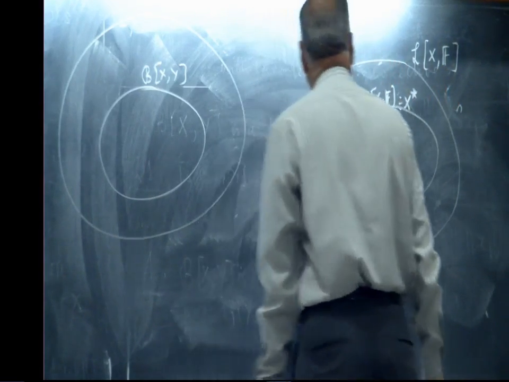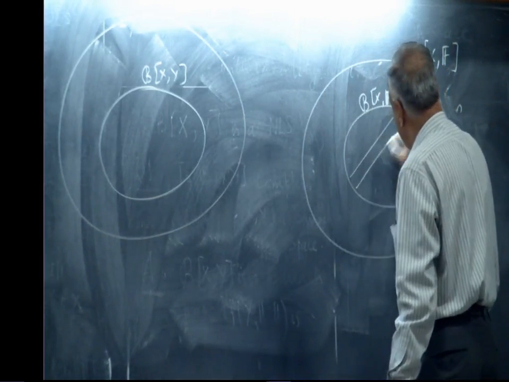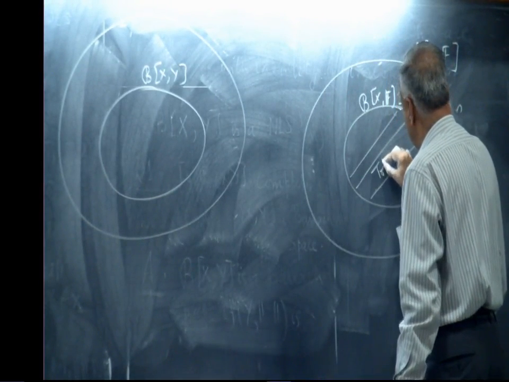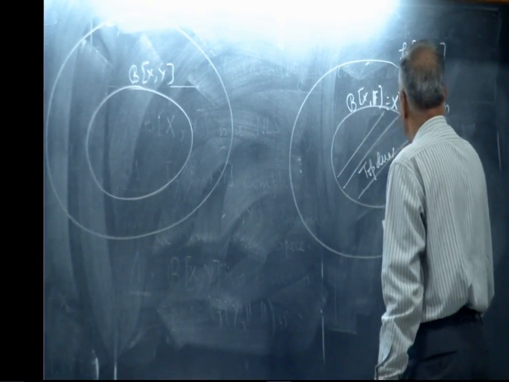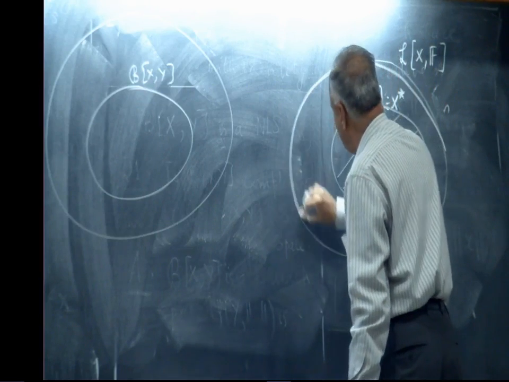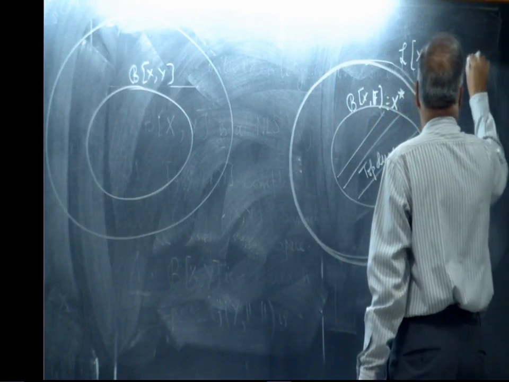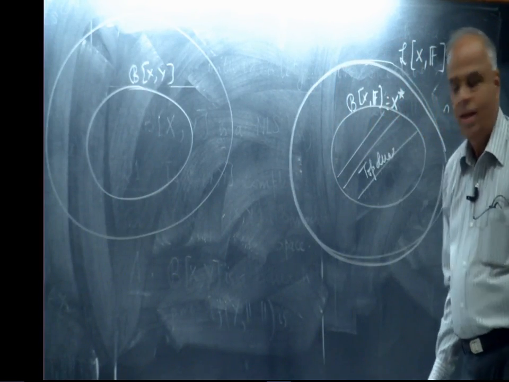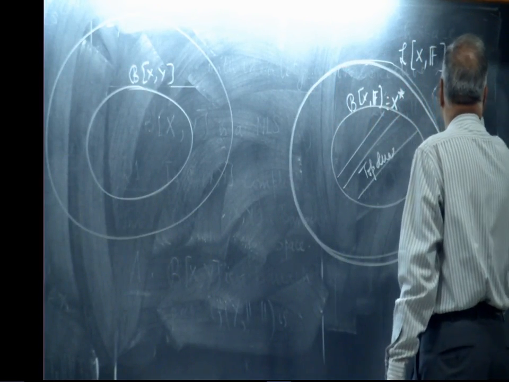This portion is called the topological dual, and whatever is here is denoted by X prime and is called the algebraic dual.